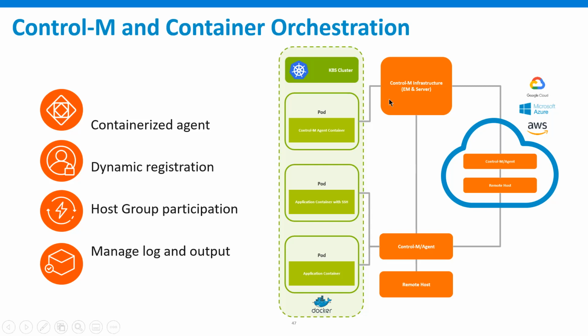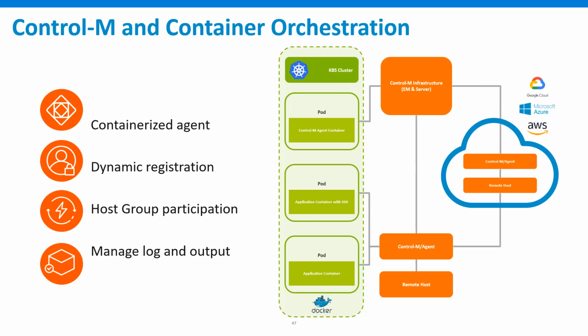Again, your Docker cluster, your Kubernetes cluster can be on-prem, or it can reside on a cloud itself. The Control-M agent location basically depends on whether the application is managed or accessible remotely or not.